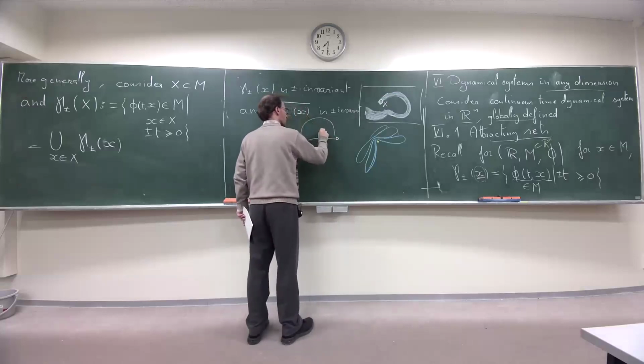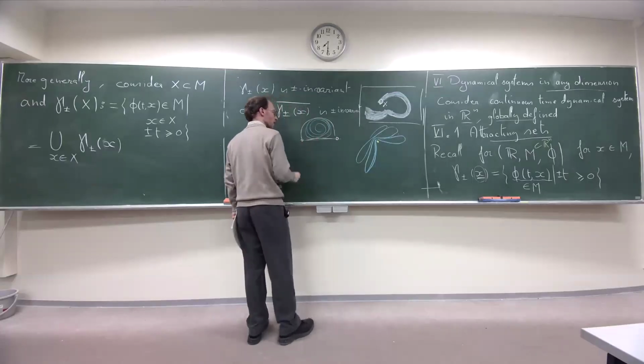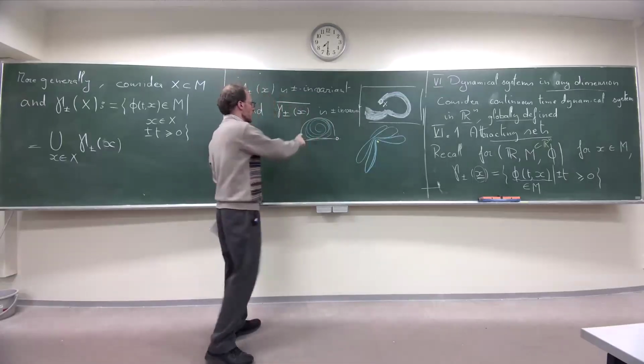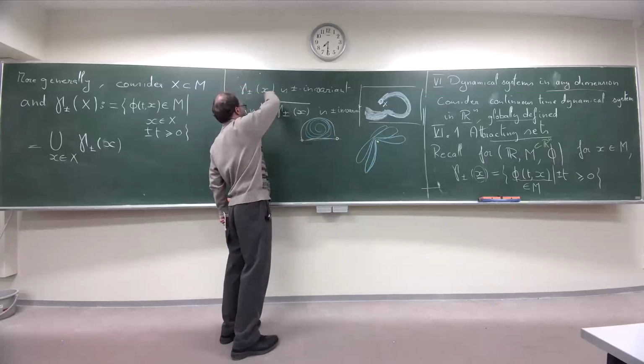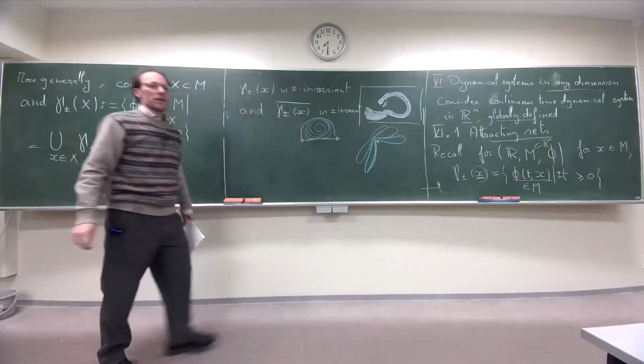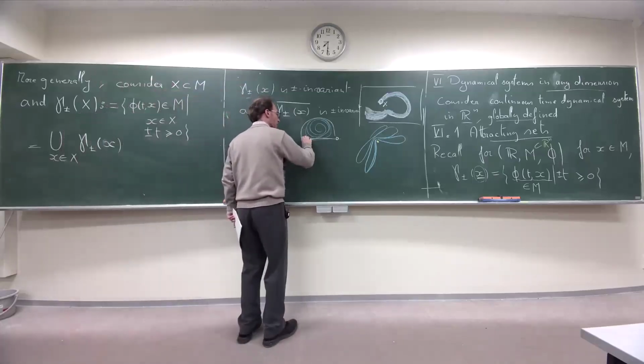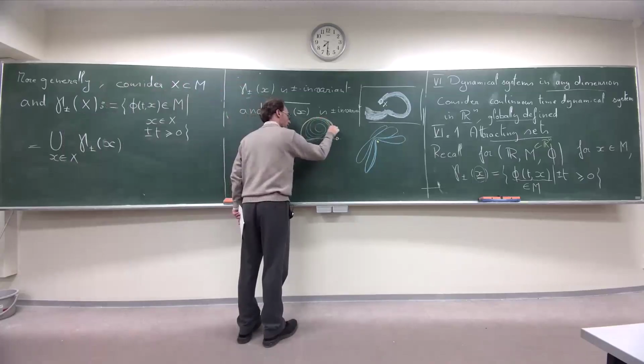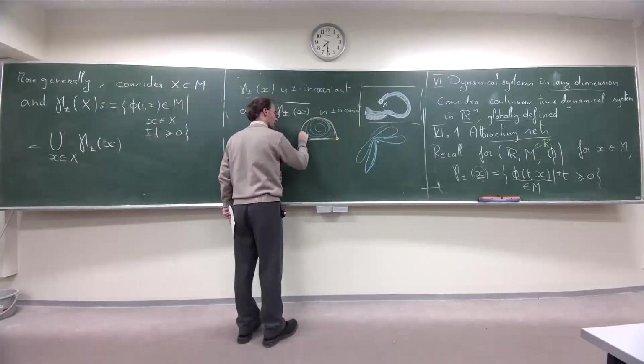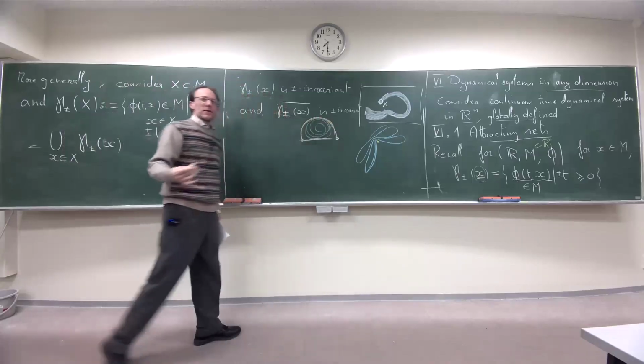If you start here and let it evolve, the orbit will just be this blue part. But the closure will be the blue part together with this, right? So you can see the difference.